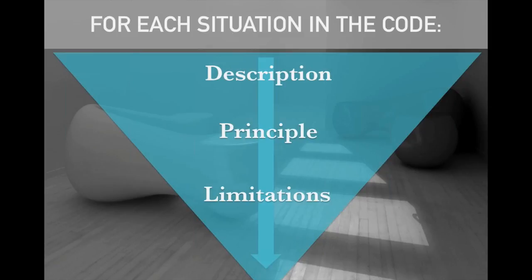And then we get to what is in some ways the real heart or essence of each subsection of the code, and that consists, of course, of a series of limitations on the fair use principle.